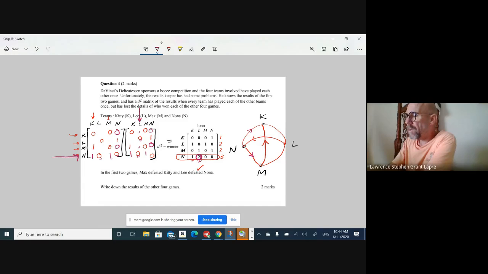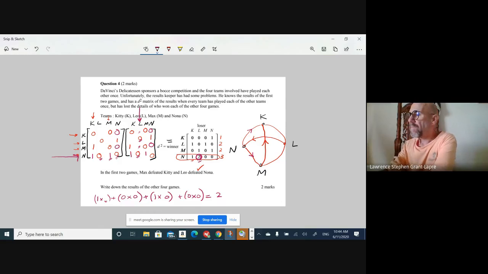All right, this is a critical line. 1 times something plus 0 times 0, 0 times 0, plus 1 times something plus 0 times 0 has got to equal 2.